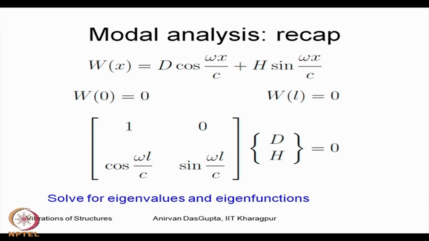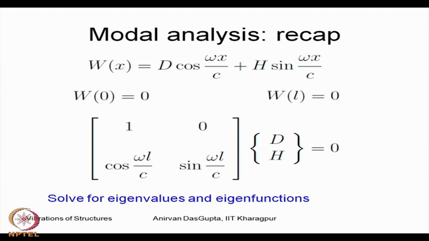Now, for non trivial solutions for d and h, we put the determinant of this matrix to 0, and that gives us the characteristic equation which we can solve for the eigenvalues, and putting back the eigenvalues in this vector equation, we solve for d and h, we have the eigenfunctions.